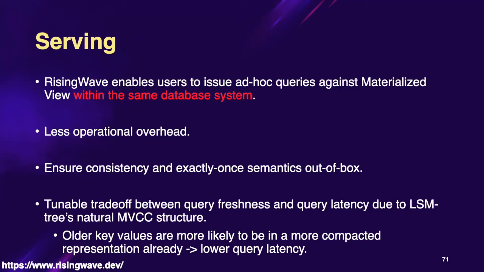So if the compaction is already done, that means that when we query it, we can scan less data from the storage system, so we have better query latency. So this is sometimes very important, because some downstream applications may want a strict 99th percentile latency to be bounded within a certain degree, right? So we can trade off between freshness and query latency.